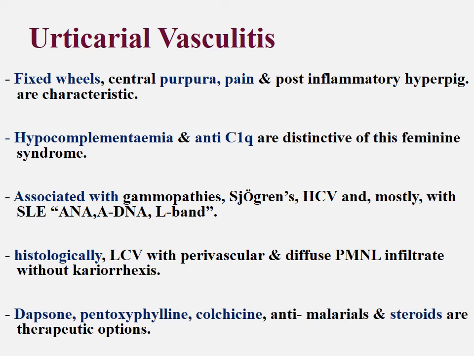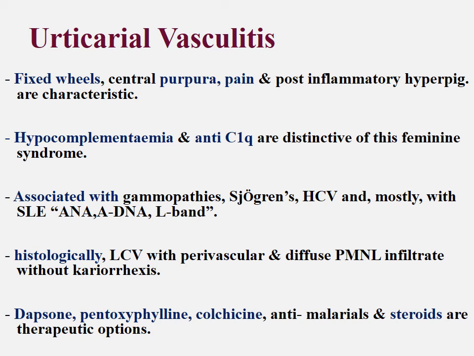Histologically, we find the classic leukocytoclastic vasculitis with perivascular infiltration and polymorphonuclear infiltrate, but the karyorrhexis here is minimal or absent. We don't see the nuclear dust that we see characteristically with leukocytoclastic vasculitis.